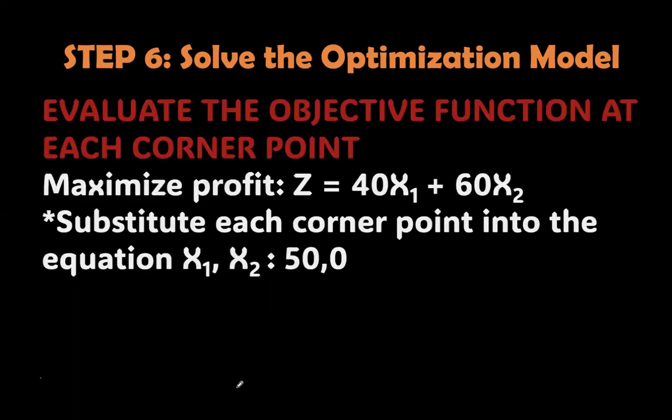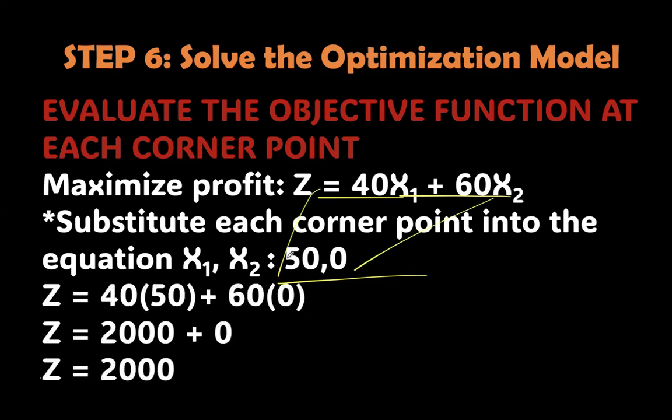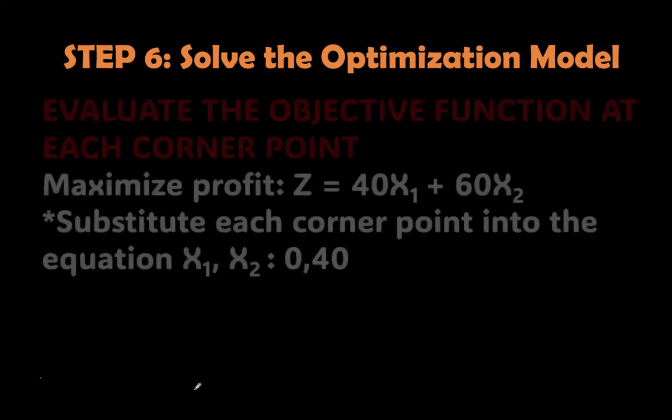Afterwards, you will need to deal with the next one, using the same formula for Z with the point 50, 0. 50 is your x1 and 0 is your x2. Calculate 40 times 50, it will become 2,000, then 60 times 0 equals 0, so 2,000 is your maximization result.